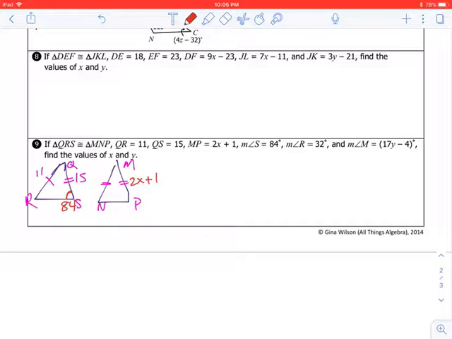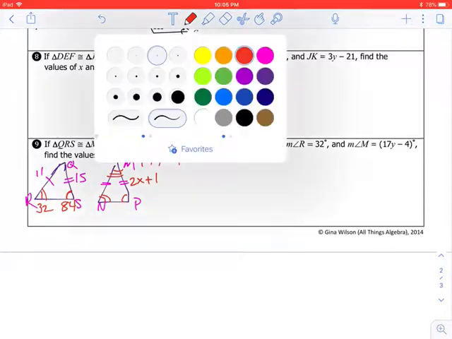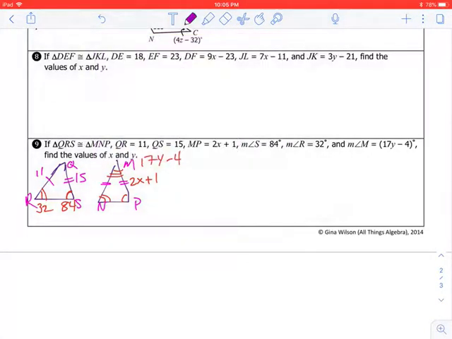Angle R is 32. And then angle M at the top is 17y minus 4. So it says find the values of x and y.